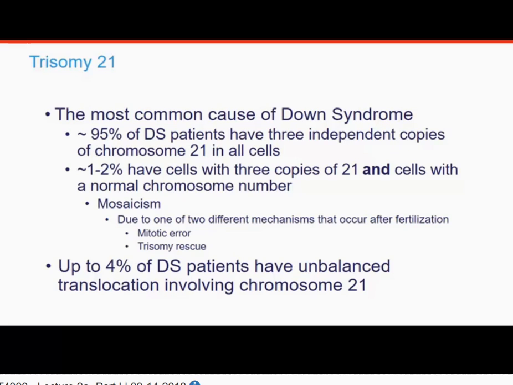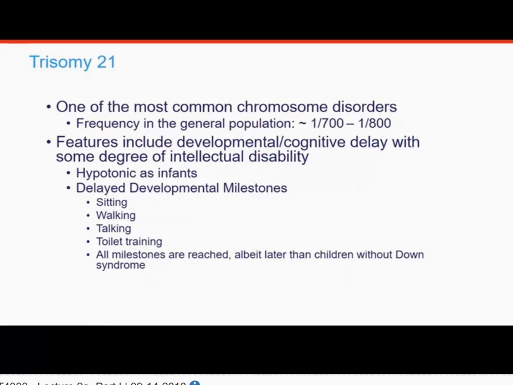And up to 4% will have the structural abnormality, the Robertsonian translocations that you've already been introduced to. There are 2 different mechanisms that produce mosaicism, mitotic error or non-disjunction, and trisomy rescue, which we'll see in a bit.